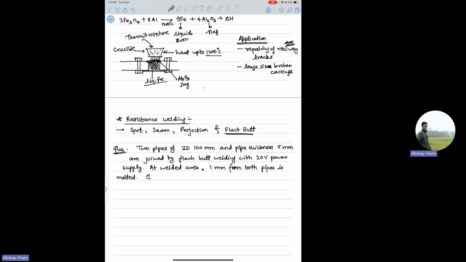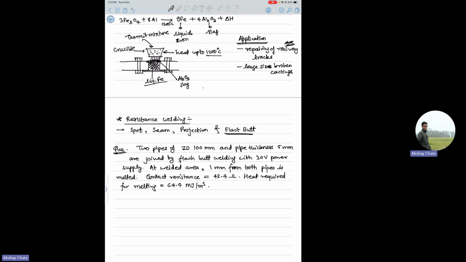Contact resistance is given as 42.4 ohms. Heat required for melting is given as 64.4 megajoule per meter cube.